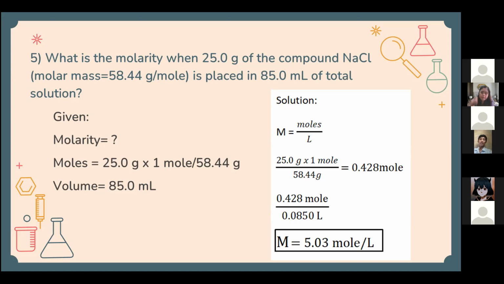So we divide 85.0 ml by 1,000 ml per 1 liter, and the answer is 0.0850 liters. So 0.428 moles divided by 0.0850 liters gives M equal to 5.03 moles per liter. Therefore, the total molarity of the compound sodium chloride when placed in a total solution of 85.0 ml is 5.03 moles per liter. Okay.